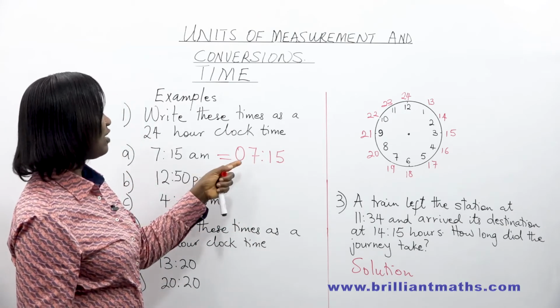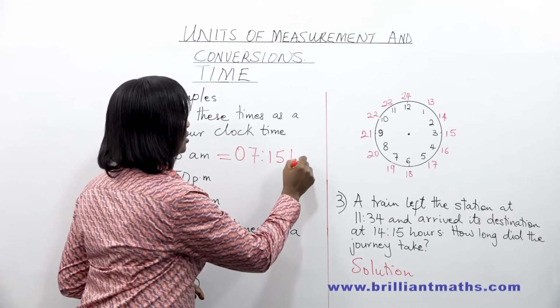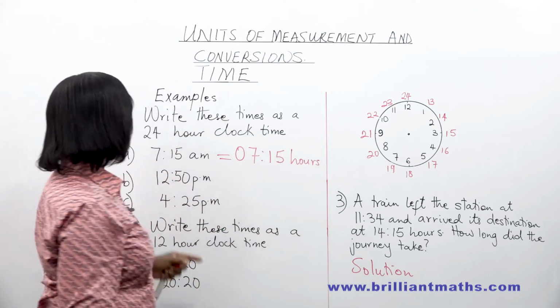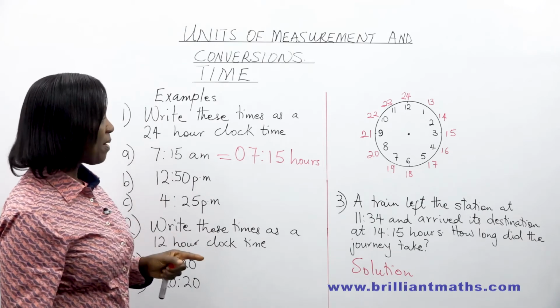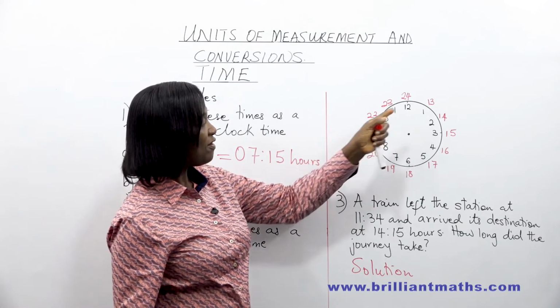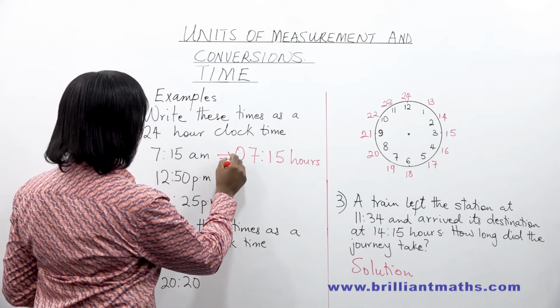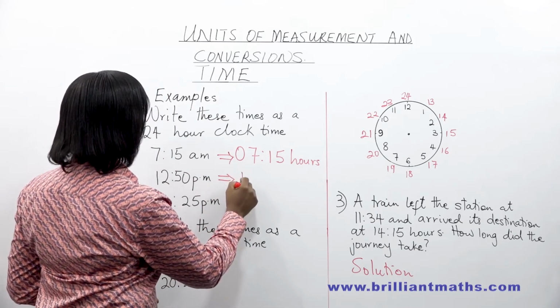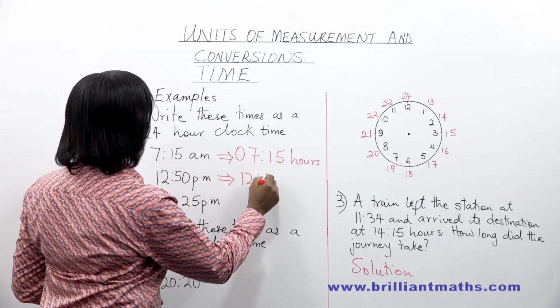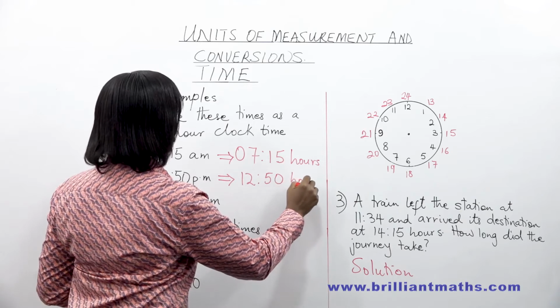So 07:15 hours. 12:50 p.m. is 12:50 hours.